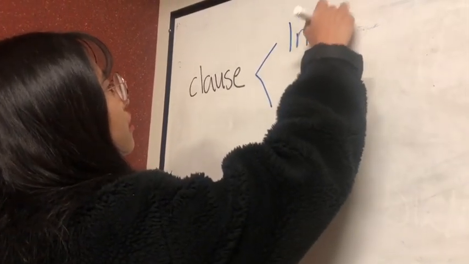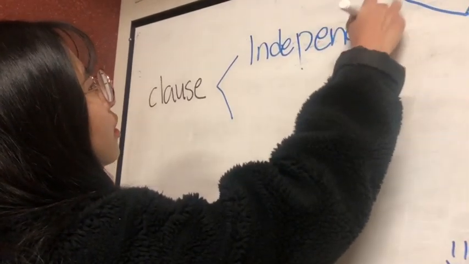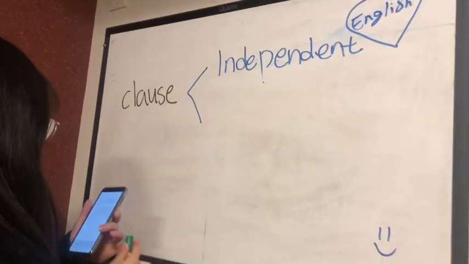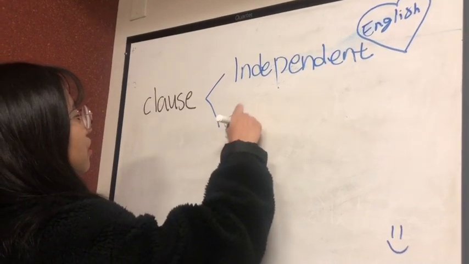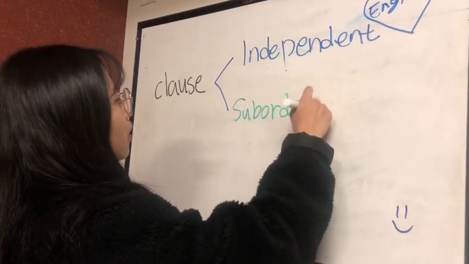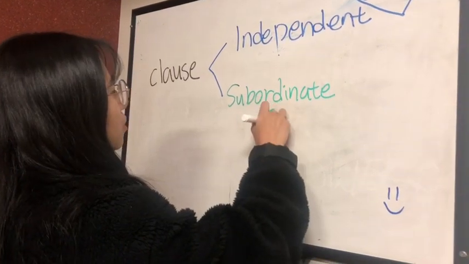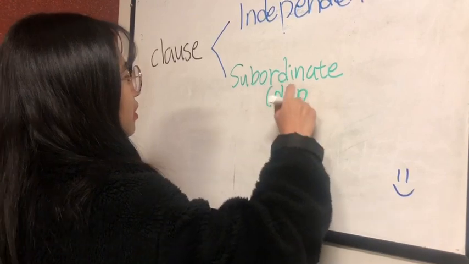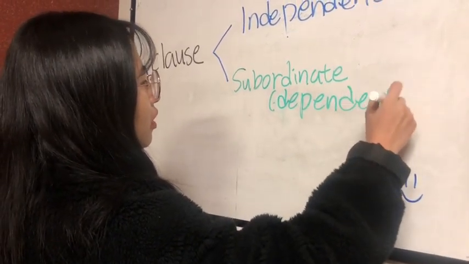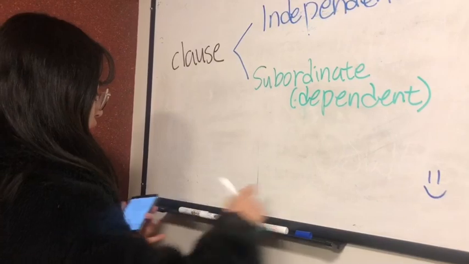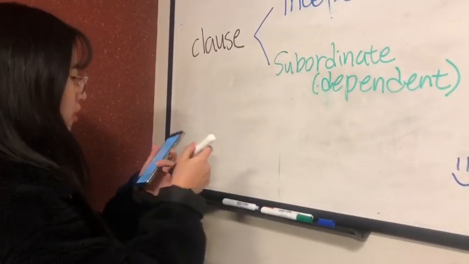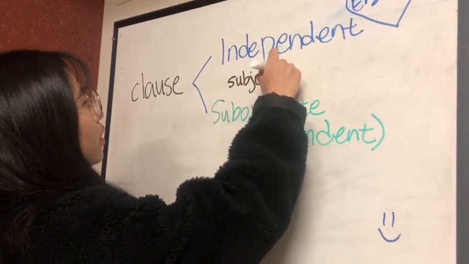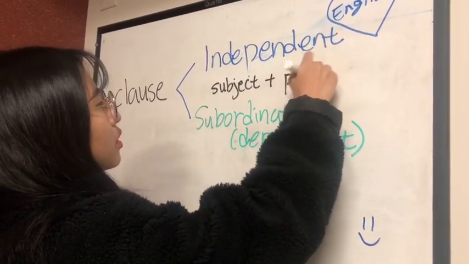One is an independent clause, and the other is a subordinate clause, also known as a dependent clause. They both have a subject and a predicate.